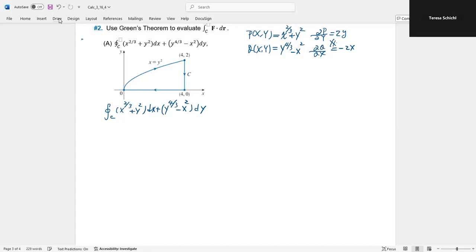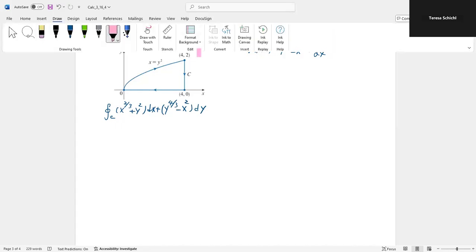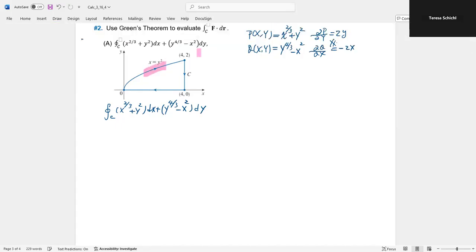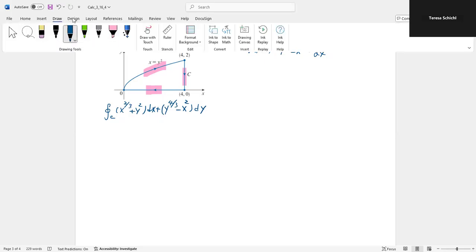Be very careful here because this curve goes this way, so it's clockwise. We know Green's Theorem works if my curve is counterclockwise, a positive orientation, and this one is a negative orientation. So now I will just reverse it.